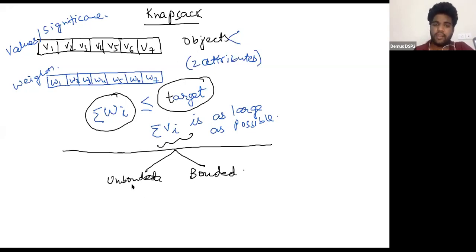You can take as many as you want of a particular object. That's basically called unbounded knapsack. And bounded knapsack is where you have at most one piece of every object, and you have to do the same. So that is basically the problem of knapsack.